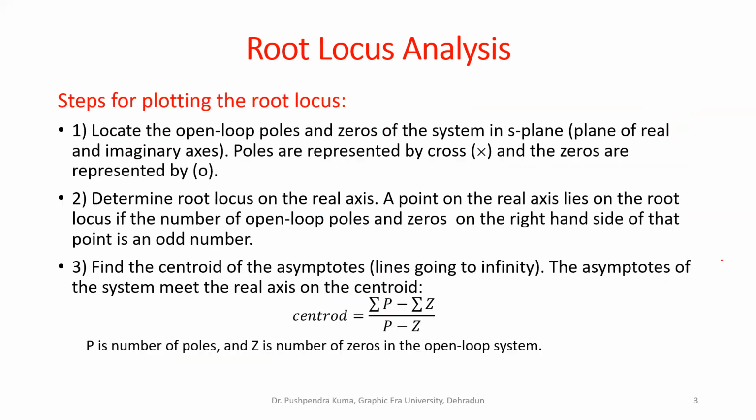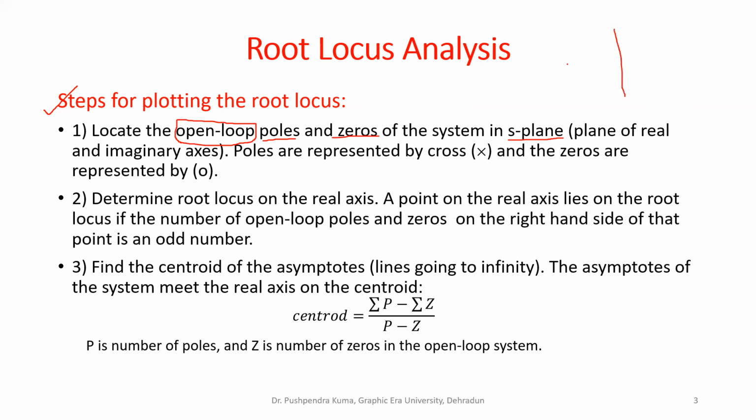Let's try to understand this with some numerical examples. Before that, there is a set of steps we need to follow in order to obtain the root locus for a given system. You start with the open loop system. First, you consider the open loop poles of the system, and you locate those open loop poles and zeros in the S plane, the plane of real and imaginary axes.